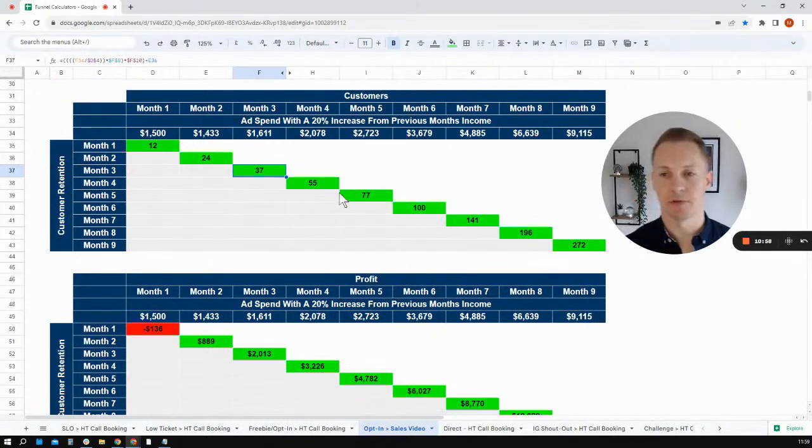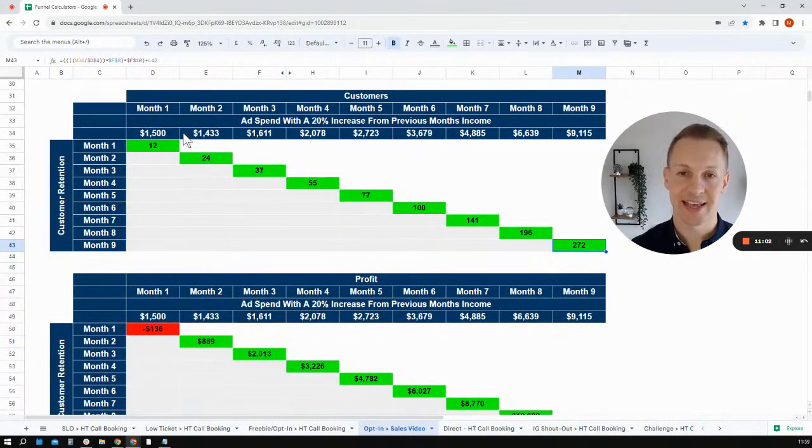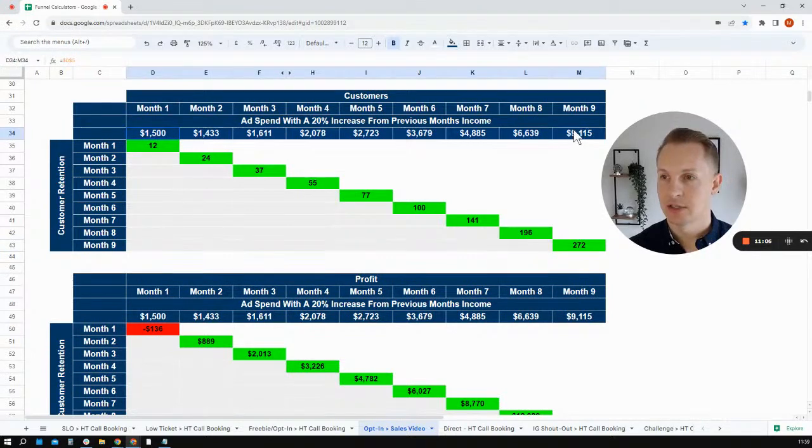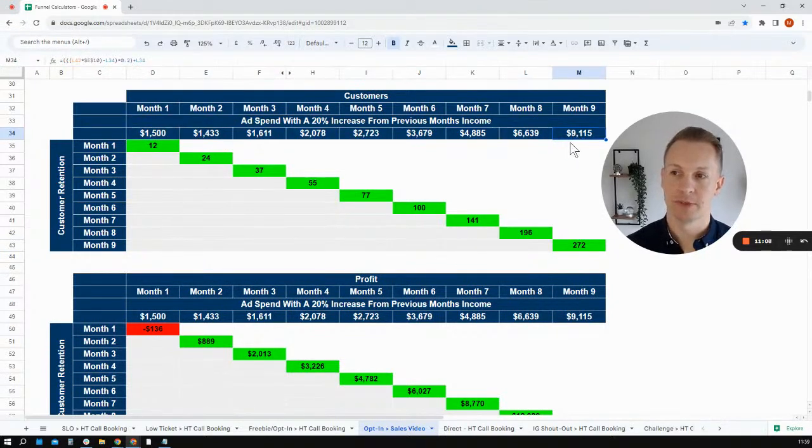So by the end of month 9, with the scaling ad spend, we would hopefully be spending about $9,000 per month, and by that time we would have 272 customers. This does not include churn, which means people unsubscribing. That is a bit hypothetical, but that might be about 250 customers, maybe.